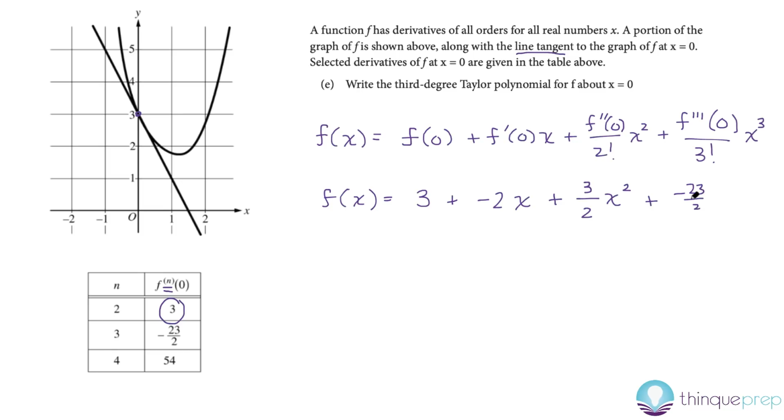And then 3 factorial is just 6. You don't have to simplify if you don't want to, but let me go ahead and simplify this a little bit more because I don't like this plus minus thing there. So it's 3 minus 2x plus 3 halves x squared. And then if we simplify that fraction, it's minus 23 over 12 x cubed.